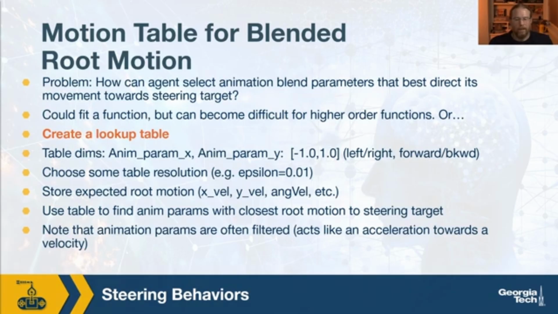So what you would probably want to do is, well, you can still calculate your steering behavior targets, like where you want the agent to move to, rotate towards, and so on. But how do you tell this animation system to do what it needs to do, to like seek a particular target or align orientation?